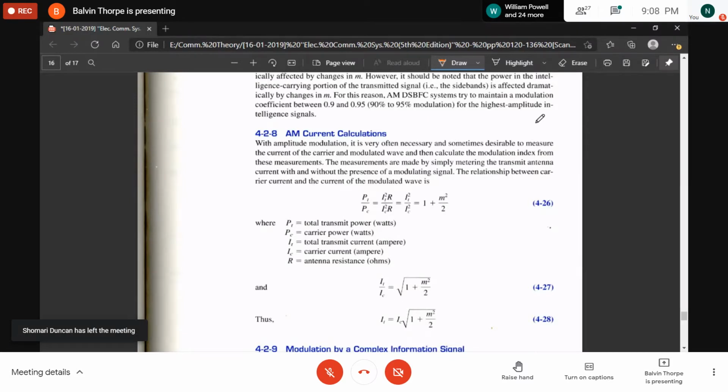What you can think about right away is that if you transmit double sideband and something goes wrong with one of the sides, let's say the upper sideband, you still have the lower sideband.